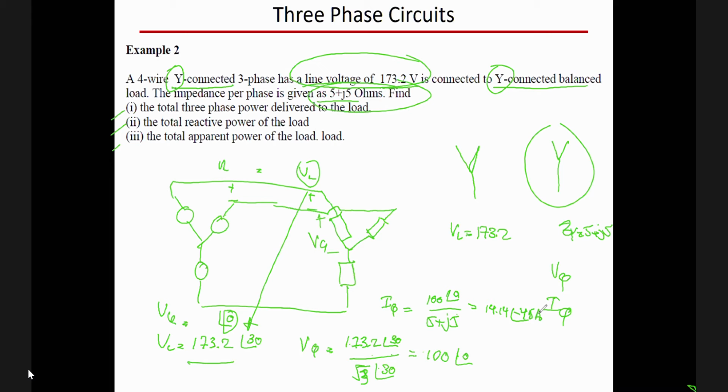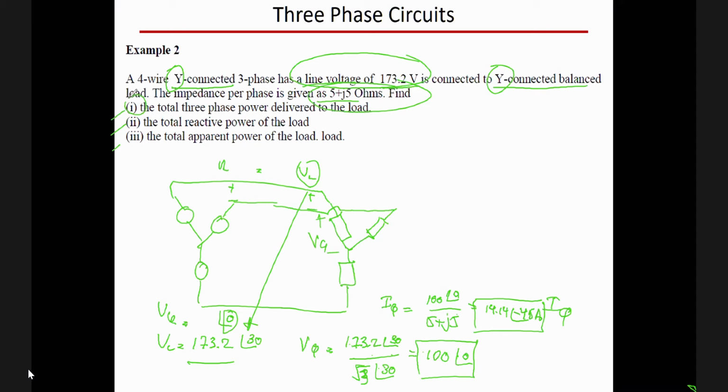So again, what do we have? We have the phase voltage. We have the phase current. Can we calculate what is the real power or total real power? Yes. Should be easy now, right?